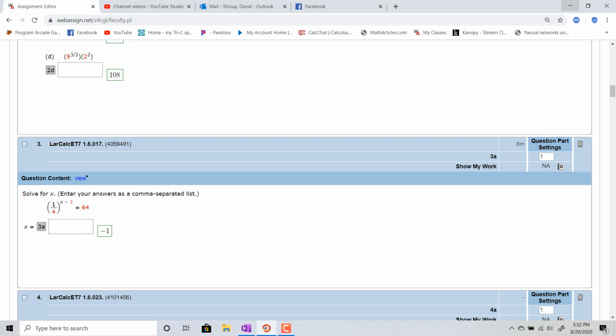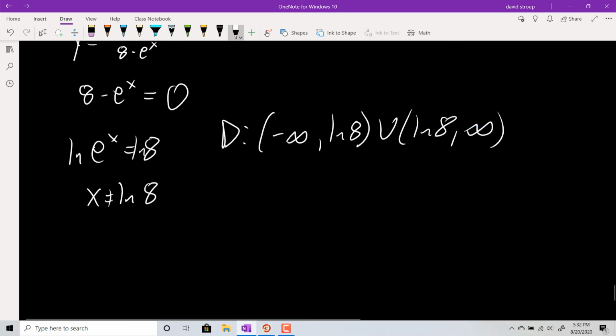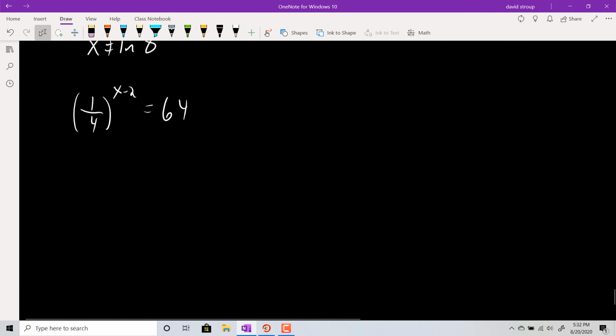1/4 to the x minus 2 equals 64. That's just one of those ones where you have to rewrite it with the same base on both sides. So 1/4 is the same as 4 to the negative 1. That's an x minus 2 if you can't read it. 64 is the same as 4 cubed.